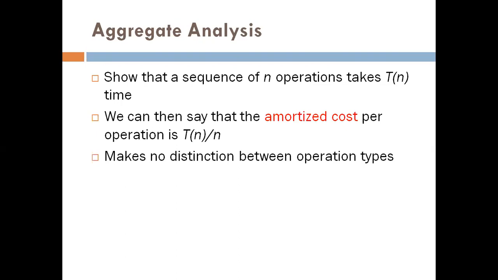So in the worst case, the amortized cost per operation is T(n) divided by n. Here T(n) is nothing but the total cost of all sequential operations, and n is the number of operations. So the amortized cost, that is the average cost per operation, here is T(n) divided by n. Okay, this makes no distinction between operation types.